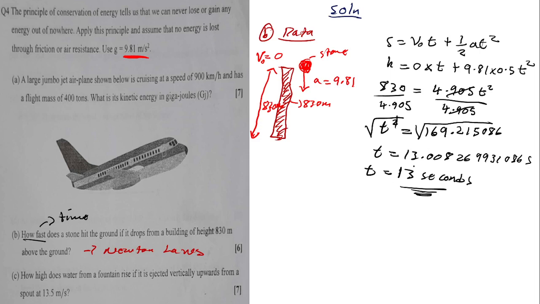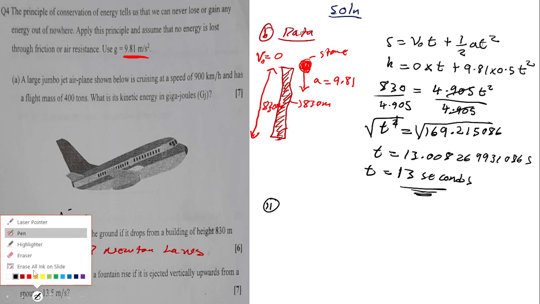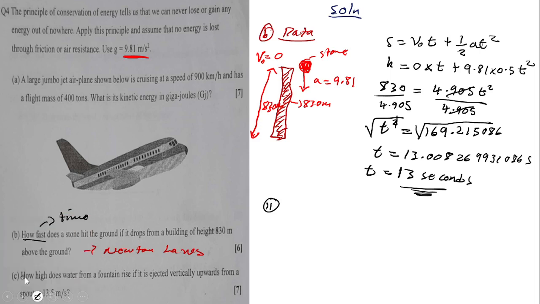But I also emphasize for you to be able to know the time. So how fast can simply mean the speed. So in that case, it's very easy for you to solve it. So guys, let's make sure that we understand the correction there.